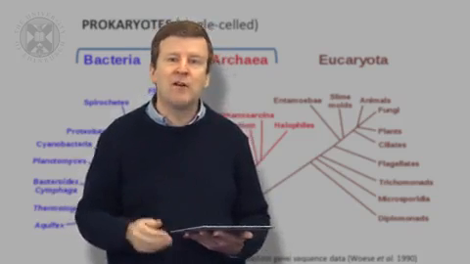And this means that the tree of life is less like a tree of life and more like a web of life or a ring of life, or perhaps more amusingly, some people have referred to it as a shrub of life. But it's certainly more complicated than just branches branching off at different points in the history of life on Earth. We have to understand this horizontal gene transfer between organisms, particularly microorganisms, in order to understand how that relationship between organisms has developed over time.